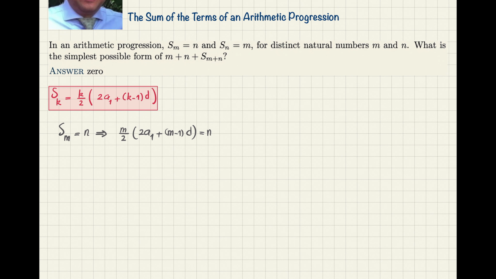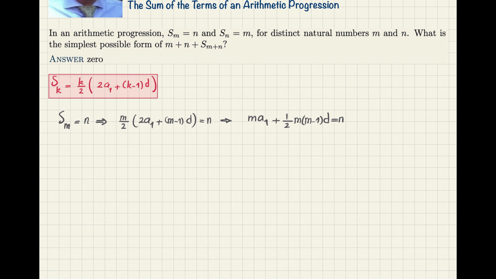If I want to make it a little bit simpler, I will multiply by 2 over m, so the 2s are gone, and it becomes m a1 plus 1 over 2 m (m minus 1) d equals n.